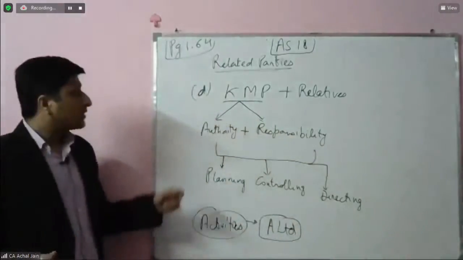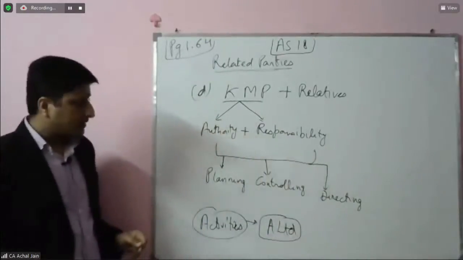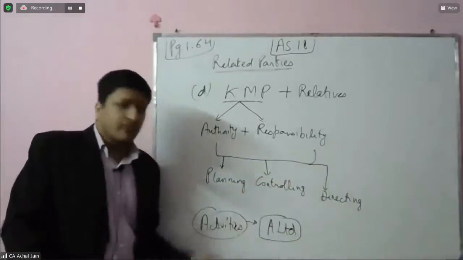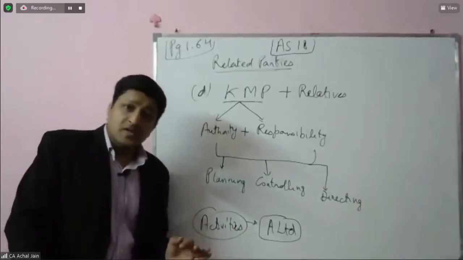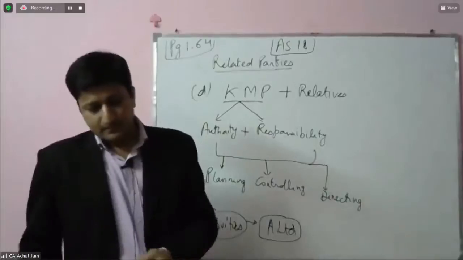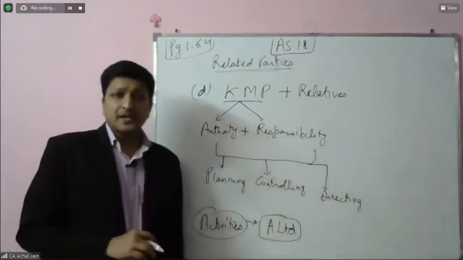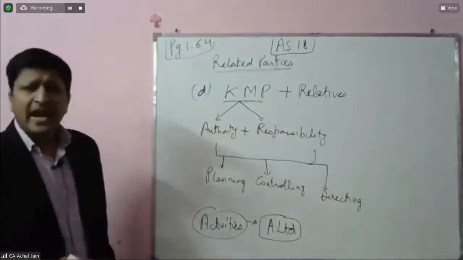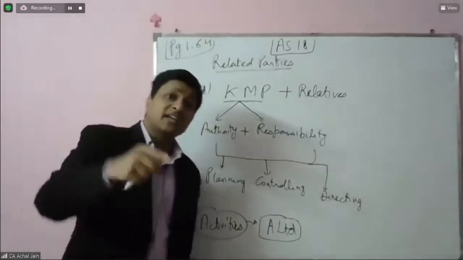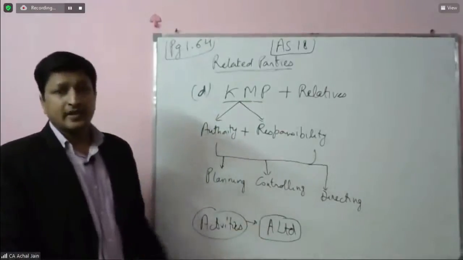Let's suppose any person has got authority as well as responsibility to plan, control, direct the activities of A, then such a person will be considered to be KMP as per AS18, and such a person, along with relatives of such a person, will be considered to be related party of A.